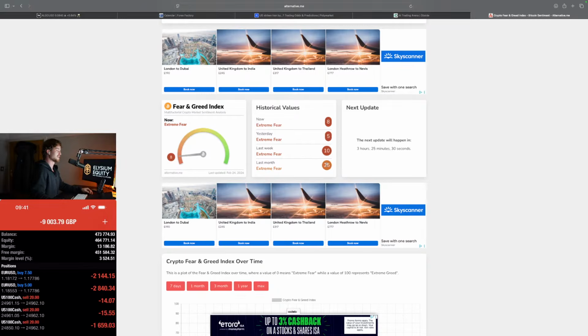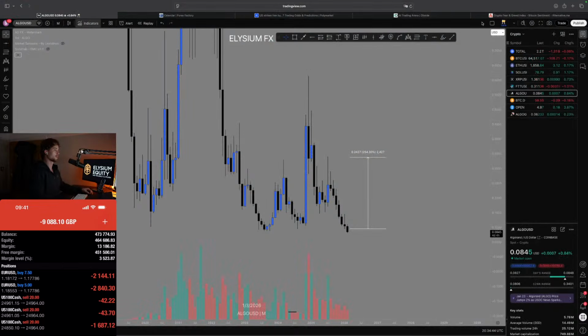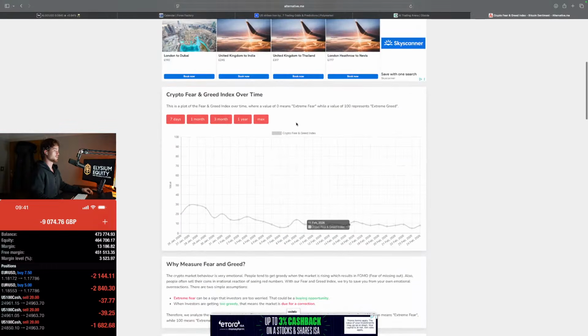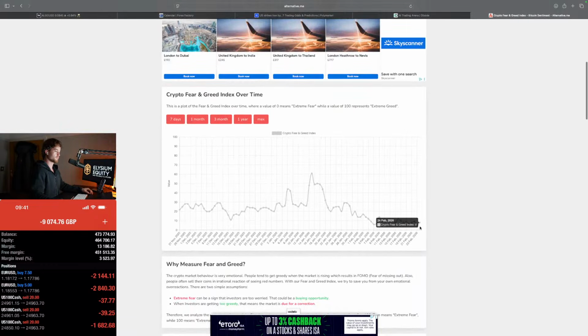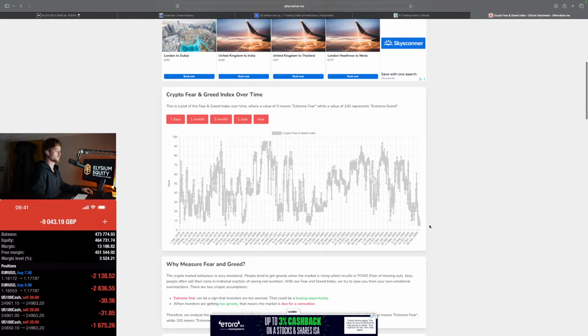And I feel like as that figure starts to come down, like the average, the median, then well, the bounce is hopefully on the horizon. But these are some very low readings we're getting historically. Look, we're all the way at the bottom now.